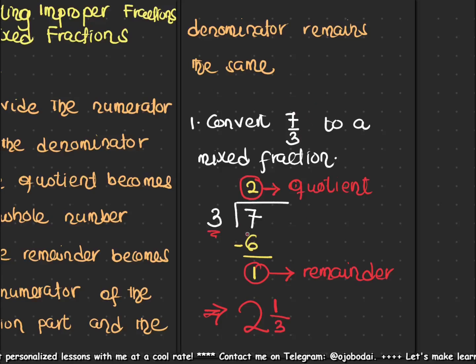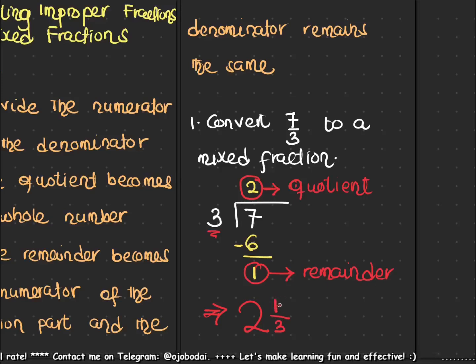We use the long division method to do that over here. After dividing, what we have up here, which we call the quotient, becomes our whole number, so our whole number is 2. Then the remainder here becomes the new numerator, as you see here, over the 3. The 3 is your divisor.